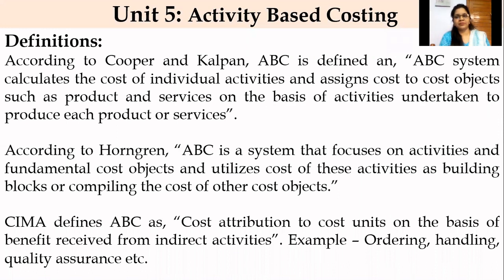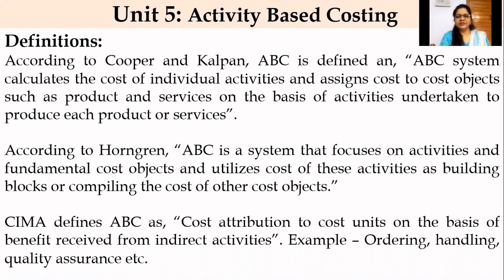So there are a number of activities conducted while producing goods or services. The cost of every individual activity is assigned to the cost object, such as product or service. On this basis, the costs are calculated.